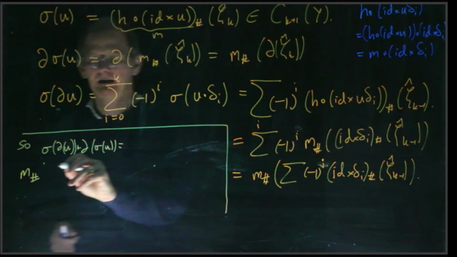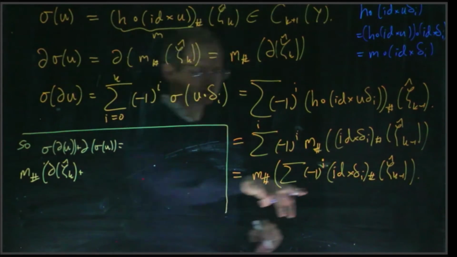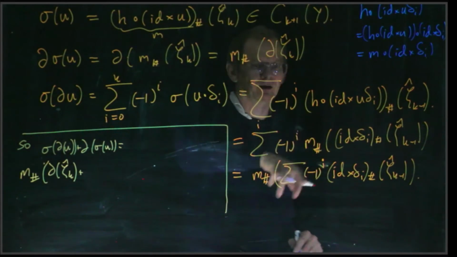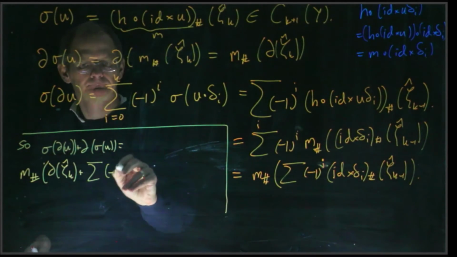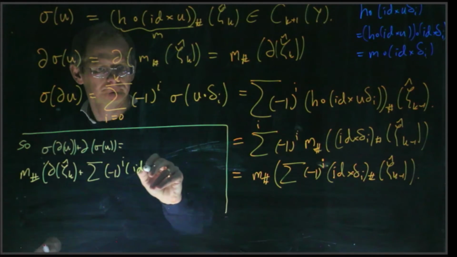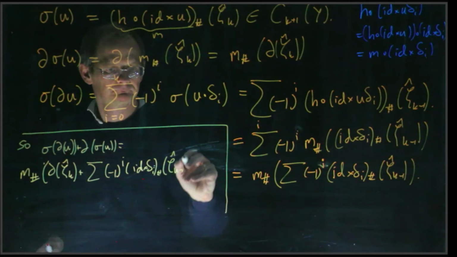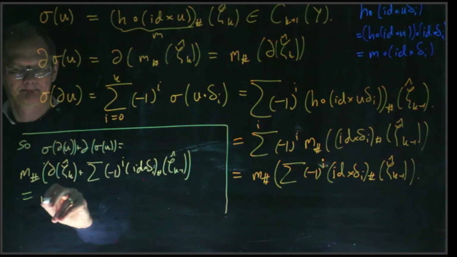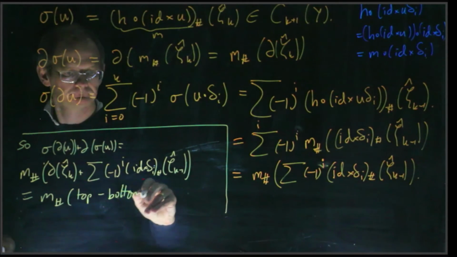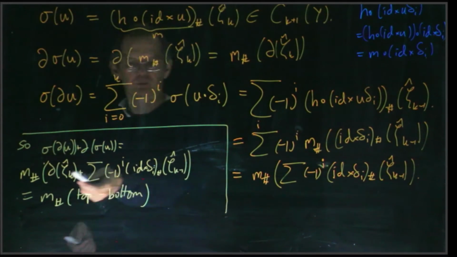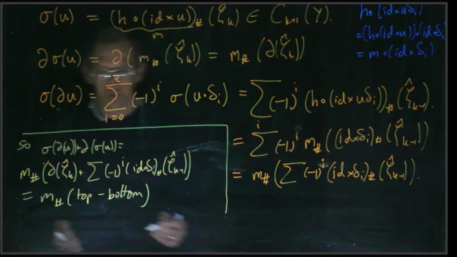You've got an M hash there. You've got dζ hat k plus this term here. But then, as we did at the beginning of this video, this expression here is the same thing as top minus bottom.